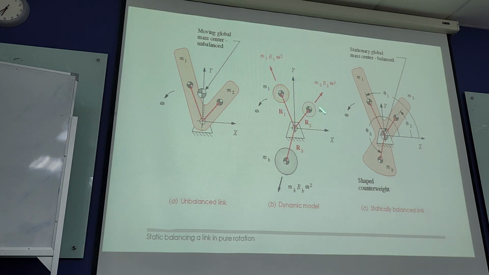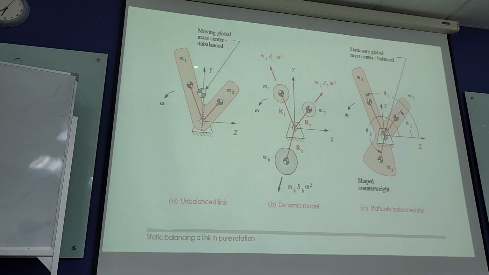So balancing, the concept is you have to make sure that the sum of the masses, the centroids, should coincide with the axis of rotation for perfect balancing. Now if you see that link, this is the centroid for link 1 and this is the centroid for link 2, and the system centroid is here, and the axis of rotation is here.